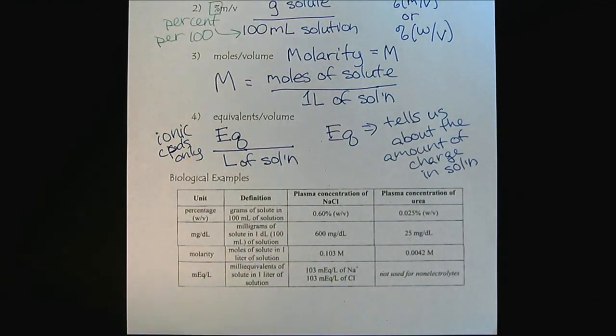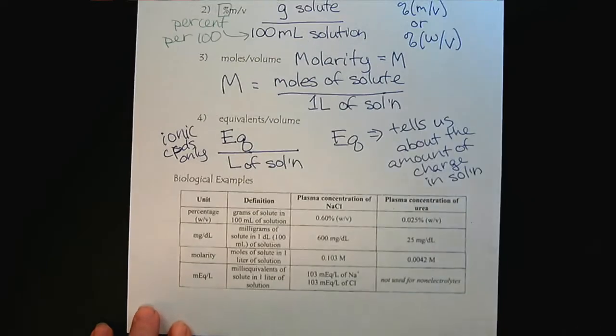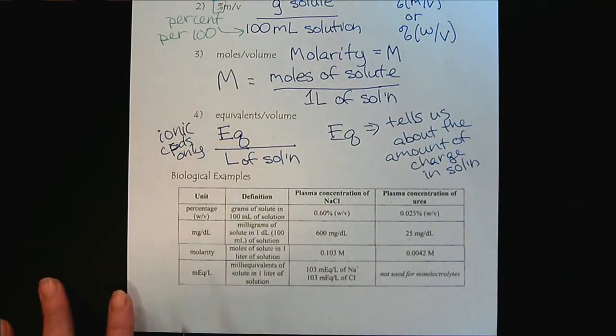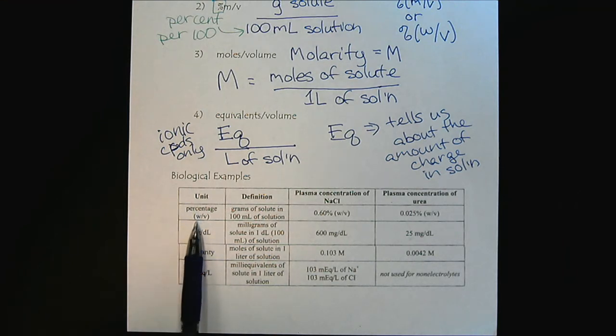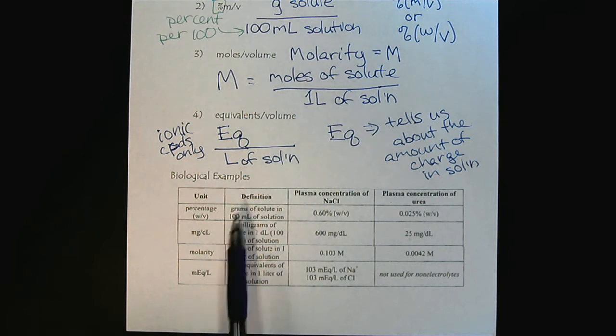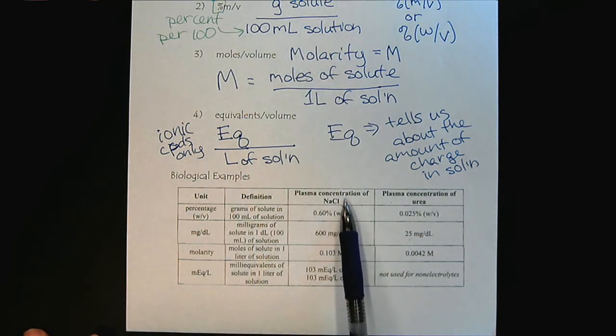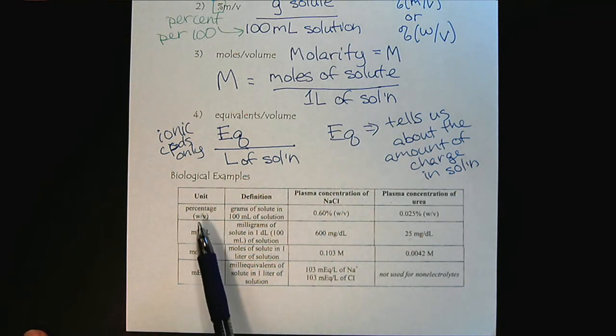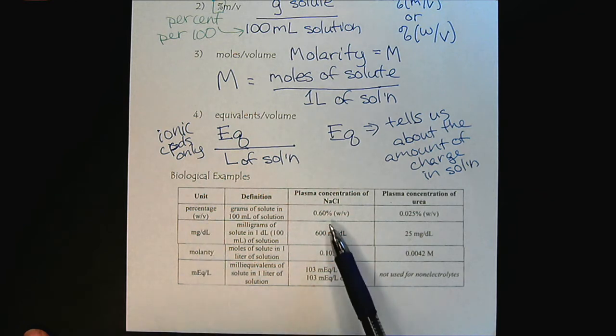So here is an overview of the different concentration units that I've just described. Here we have the percent mass volume or weight volume. So there's the definition. If we look at the plasma concentration of sodium chloride, using the concentration units of percent weight volume, we would describe that concentration as 0.60% weight volume or mass volume.